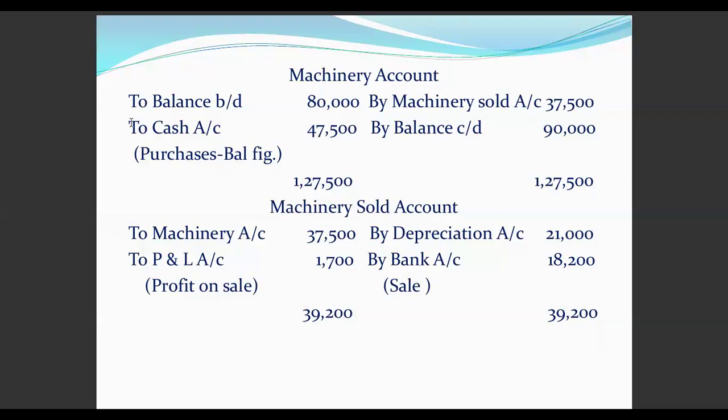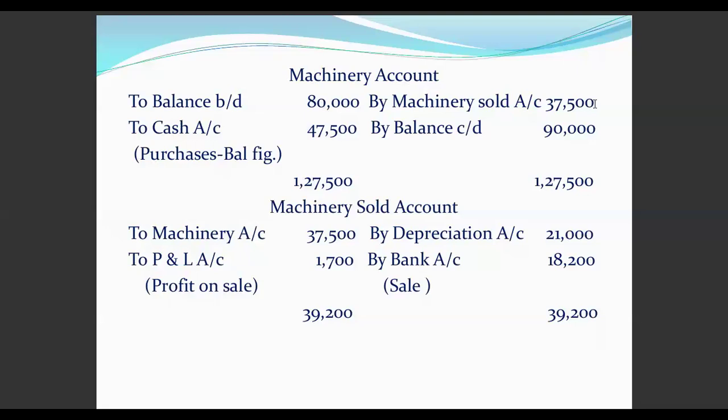So we have opening balance 80,000. We sold the machinery of 37,500 and the balance available that is on debit side was balancing figure. If on debit side the balancing figure is there, we normally consider as purchase. So we have purchase of 47,500.